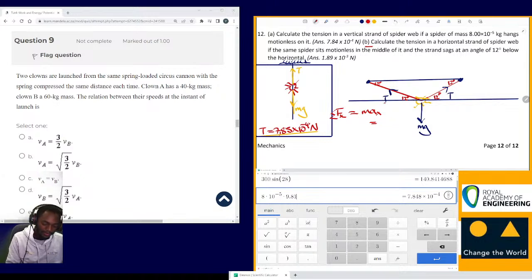We've got this force and this force, so you can use these right angle triangles to resolve T in the horizontal.